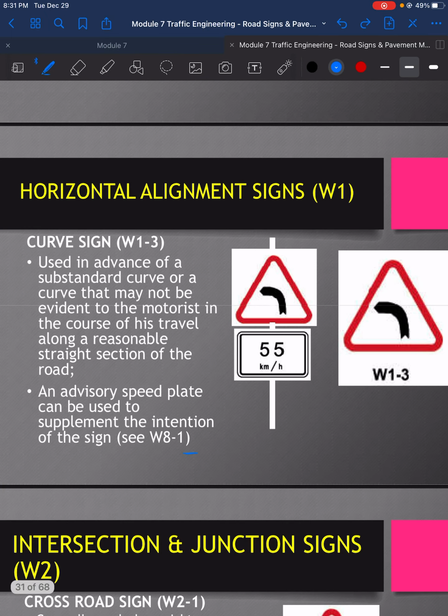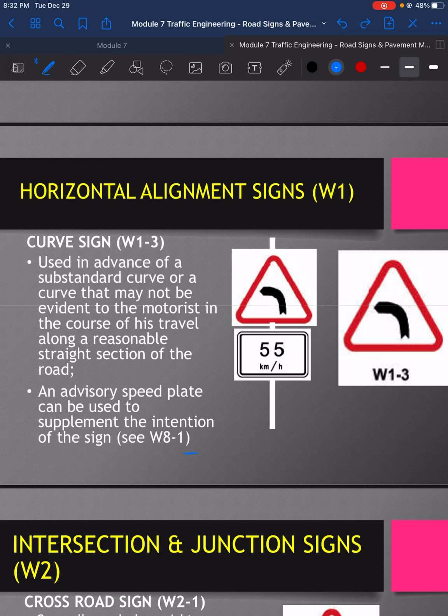Okay. So for the horizontal alignment signs, curve sign or the W1-3 used in advance of a substandard curve or a curve that may not be evident to the motorist in the course of his travel along a reasonably straight section of the road.